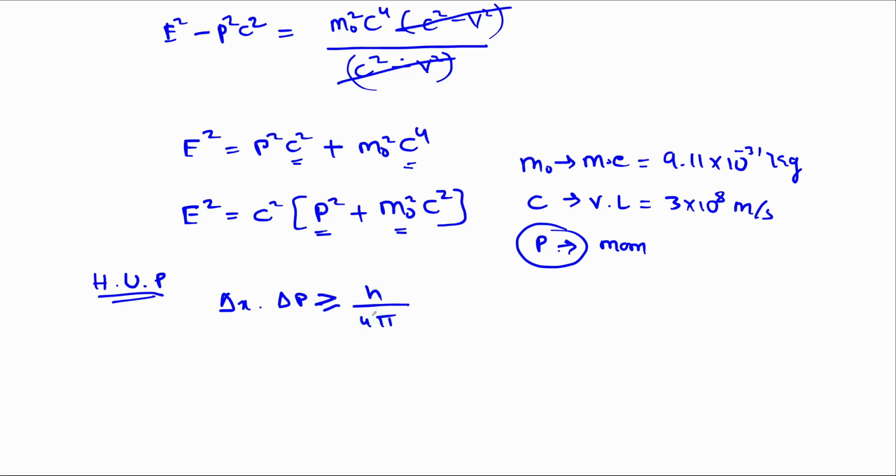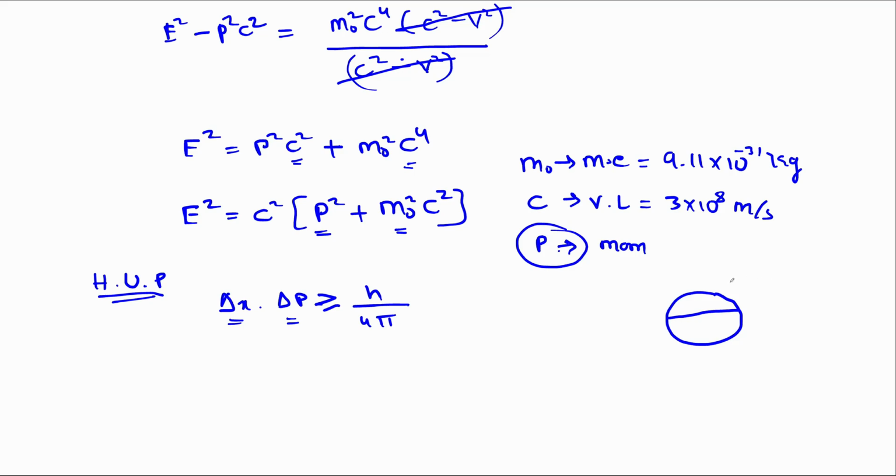Delta x indicates the position of the particle, and delta p indicates the momentum of the particle. Initially we are trying to say that the electron is inside the nucleus.